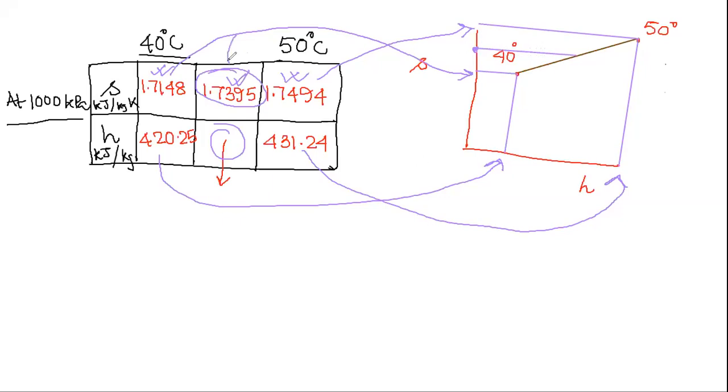This is this. Now what we will do is, from this point we will draw a line which is parallel to the entropy axis, and this value you have to determine. So at this point we have to determine the value.